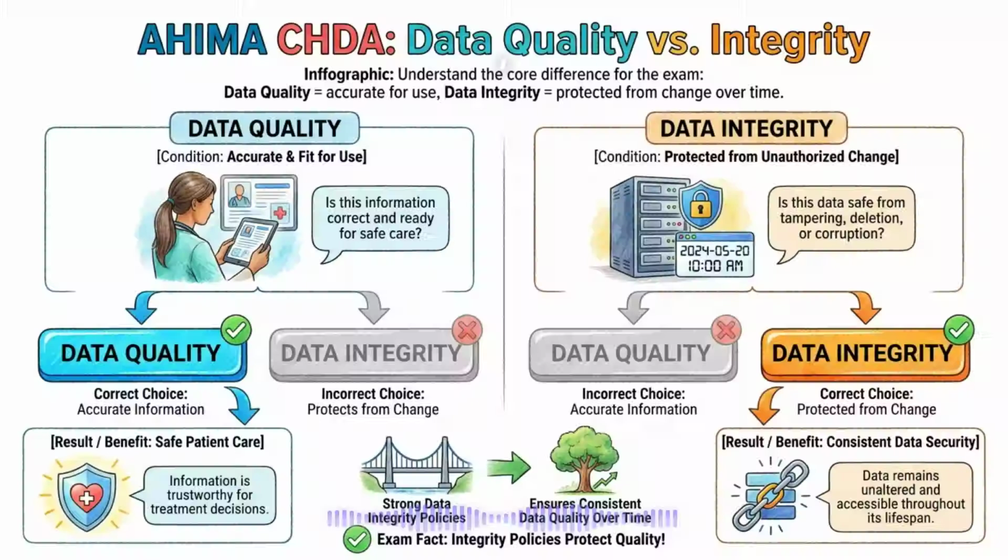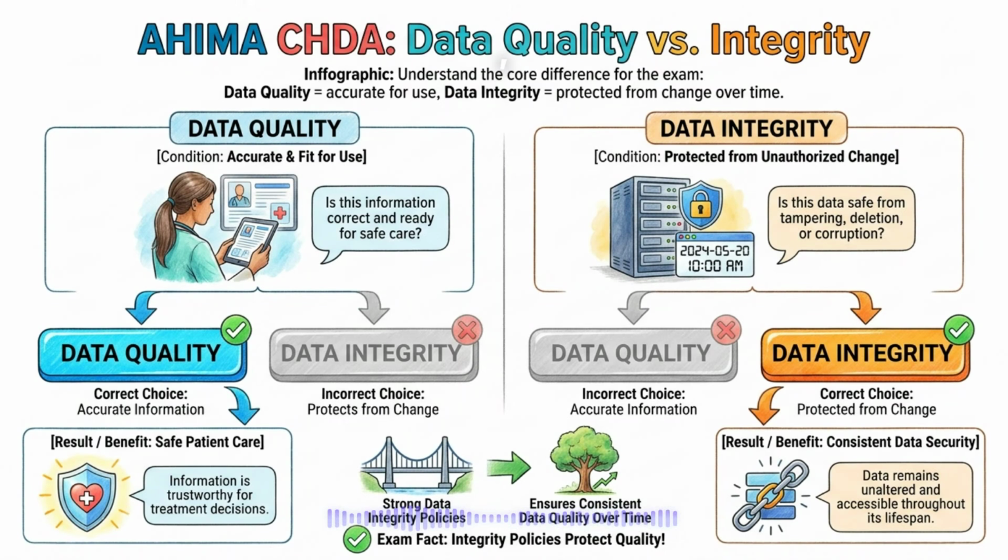When we talk about data in healthcare, we must clearly distinguish between data quality and data integrity. Data quality simply means that the information is accurate and completely fit for its intended use, such as treating a patient safely.